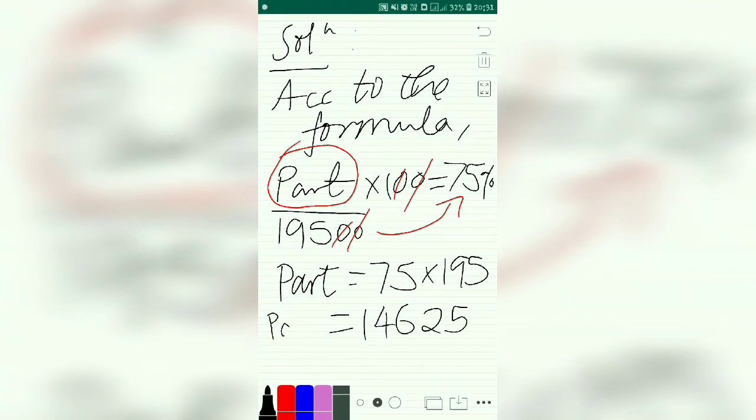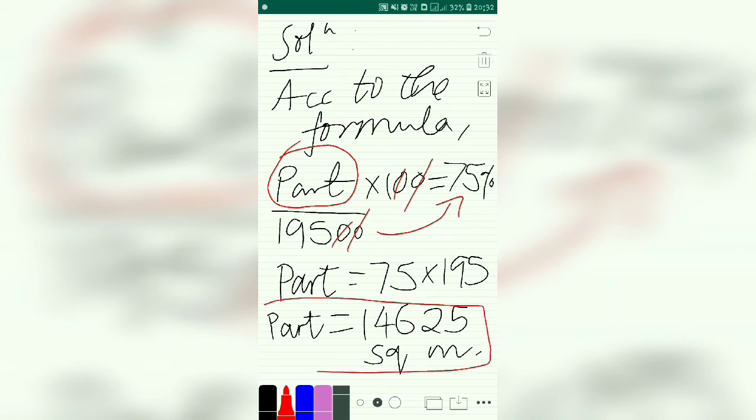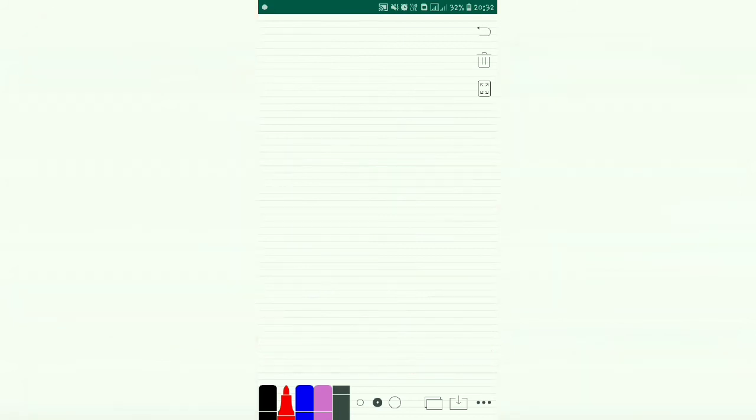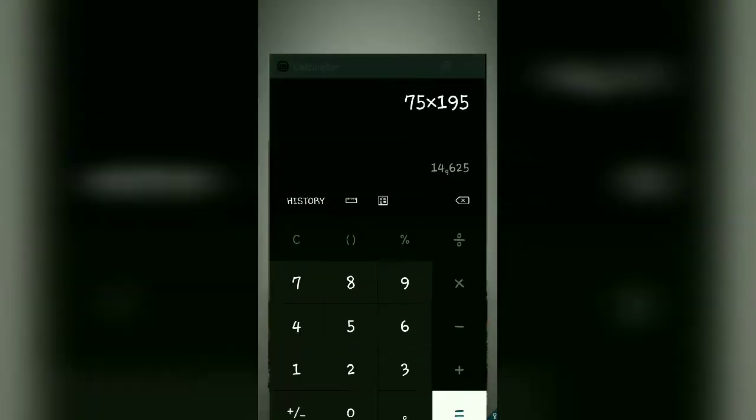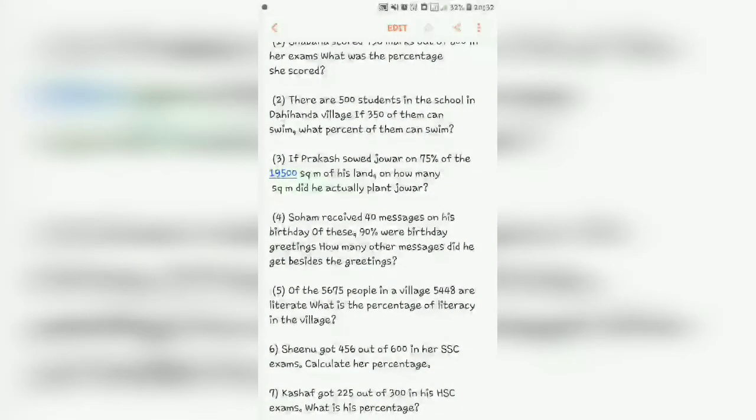So part is equal to 14,625 square meter. This is the answer. Final answer has to be written as: Prakash sold jawar on 14,625 square meter of his land.